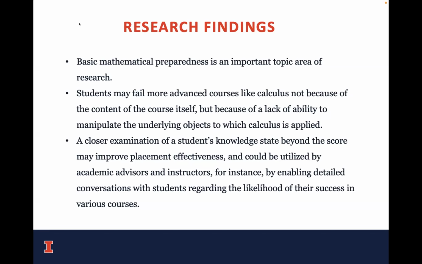And so with a closer examination of the knowledge state, not only do we have improved placement effectiveness, but it can be used by advisors and other people to help students make good decisions, or coming back to that summer bridge program, or conversations with students, the likelihood of being successful in different classes.